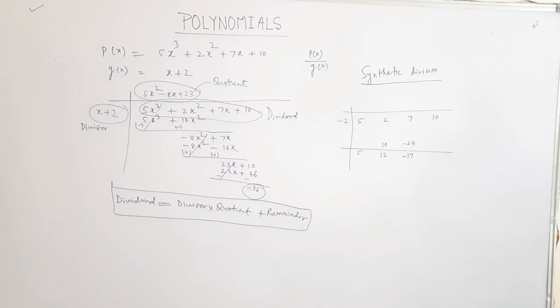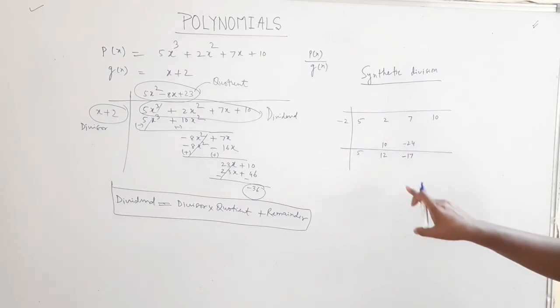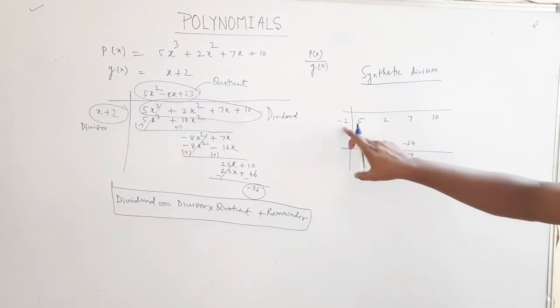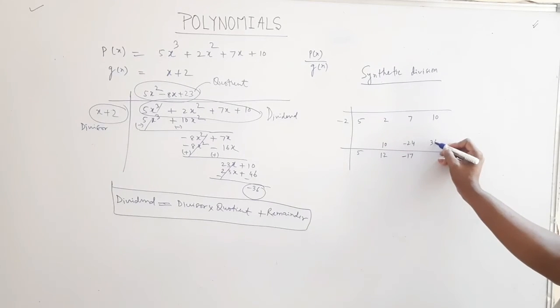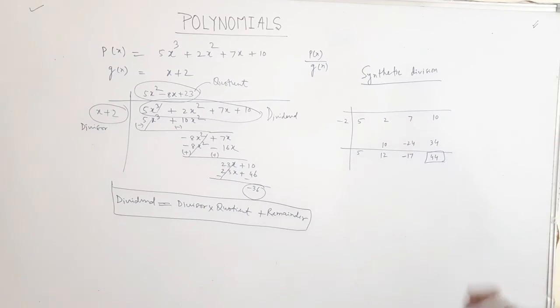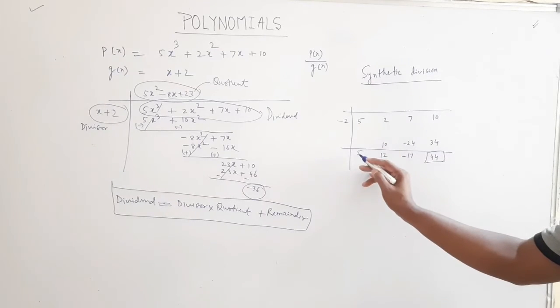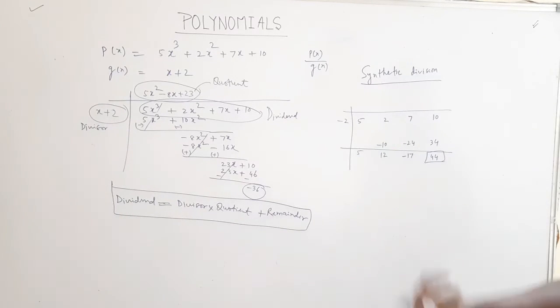I made a mistake here. Minus 2 and the 5 should be minus 10.